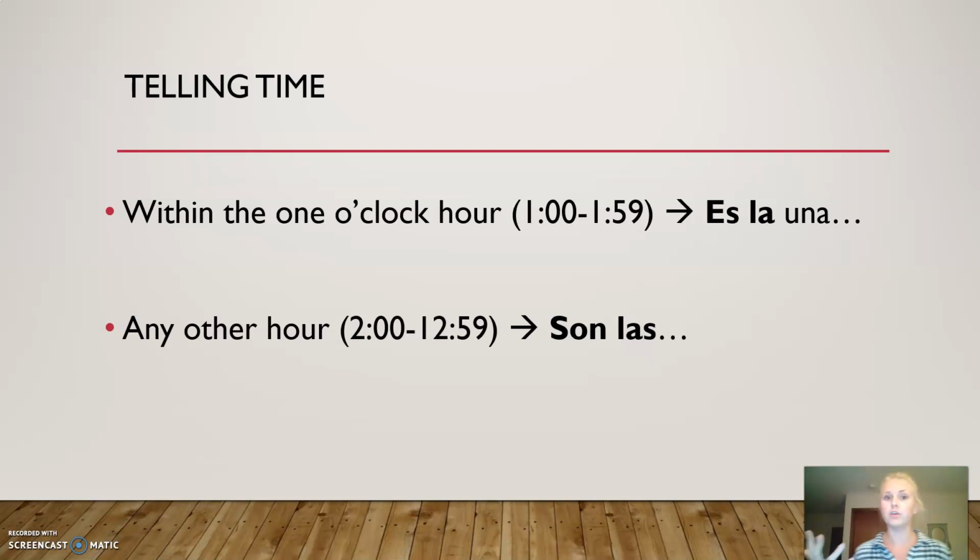That's a plural amount of hours. So you are going to use son las. Okay? Es la una, son las dos, cuatro, cinco, seis, ocho, nueve, son las 12. Okay? Son las.